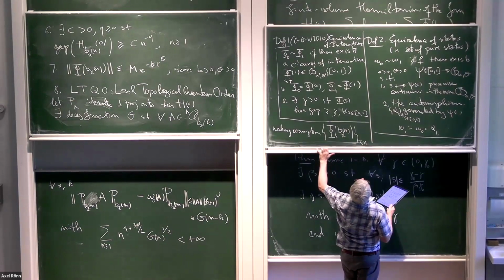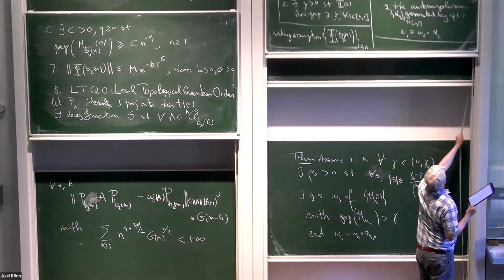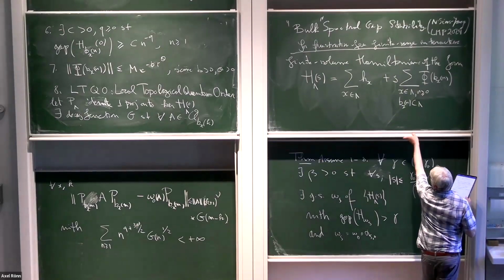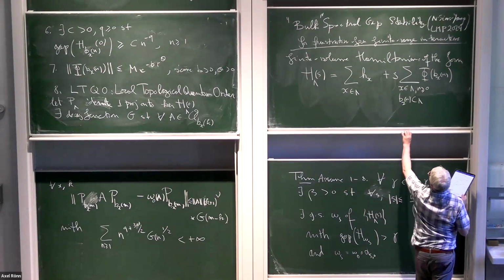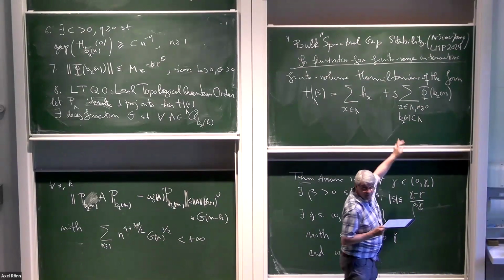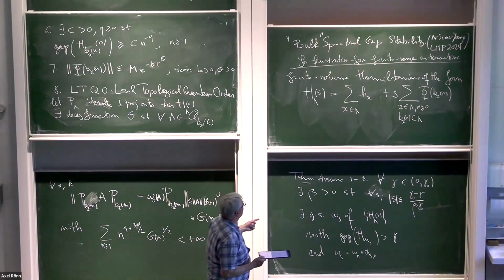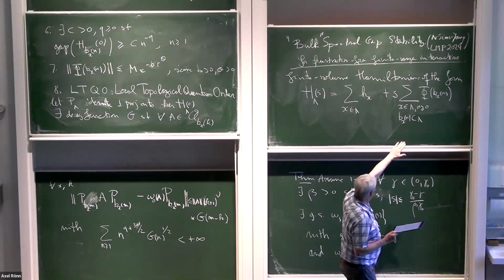so I consider this as a curve of interactions, and I look at the Hastings evolution generated by it. So the derivative is just now phi.